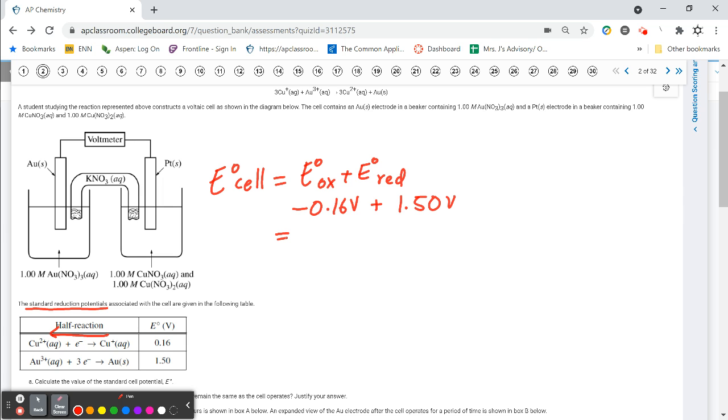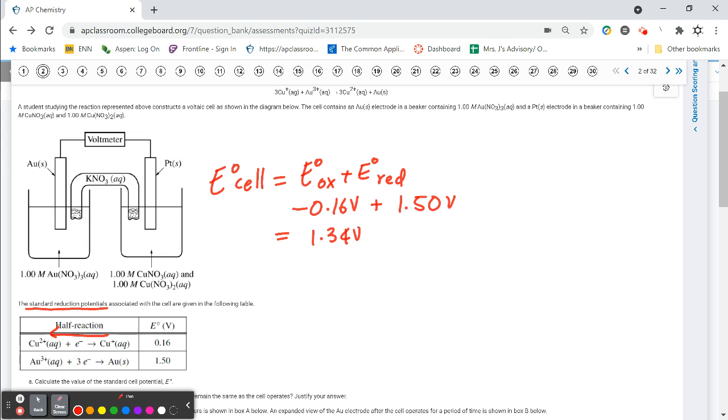That will give you 1.34 volts. Okay, so that is the E cell of this actual reaction. It's thermodynamically favorable. Whenever you get a positive E cell, you should think about the fact that if it's positive, it is thermodynamically favorable.